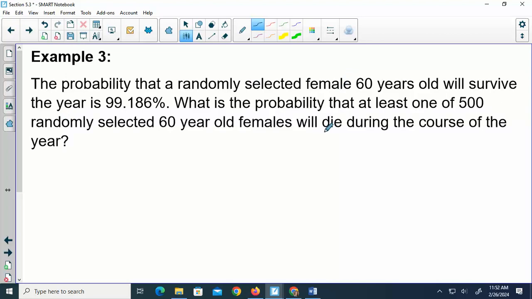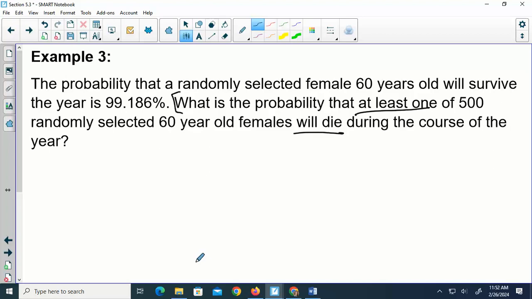So, going along with this, what's the probability that at least one of 500 randomly selected 60-year-old females will die during the course of the year? So, the probability that at least one will die. That is actually, if you're just trying to calculate it, pretty complex, right?